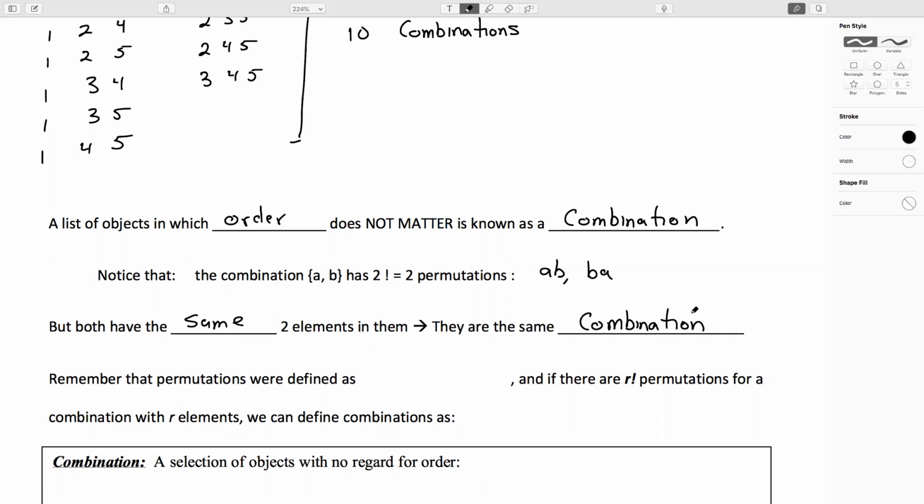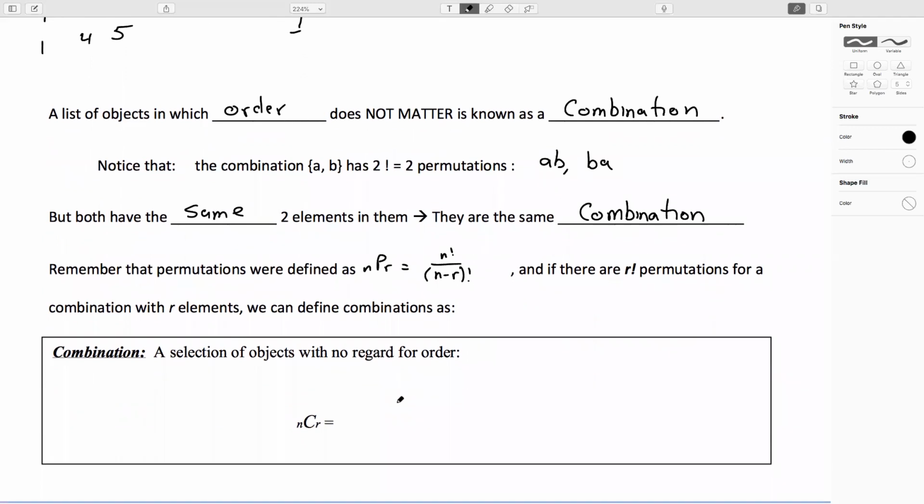Remember that permutations were defined as nPr equals n factorial over n minus r factorial. If there are r factorial permutations for a combination with r elements, we can define combinations, n choose r, or nCr, as nPr over r factorial.